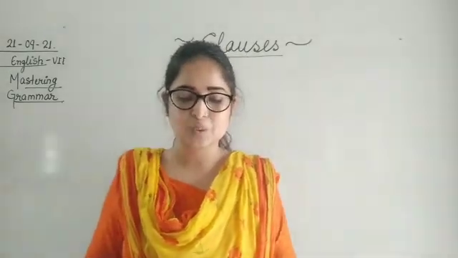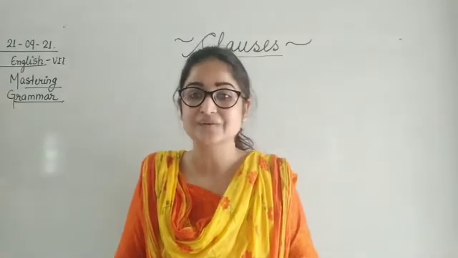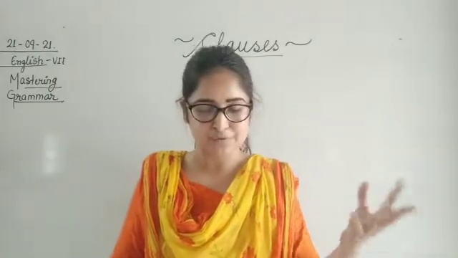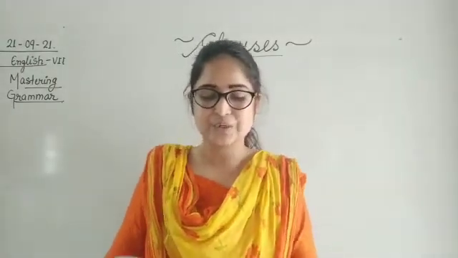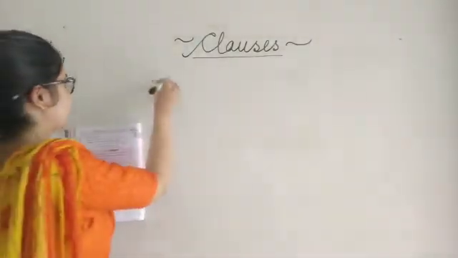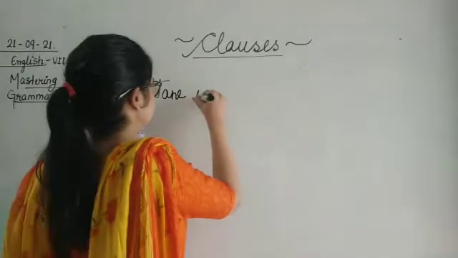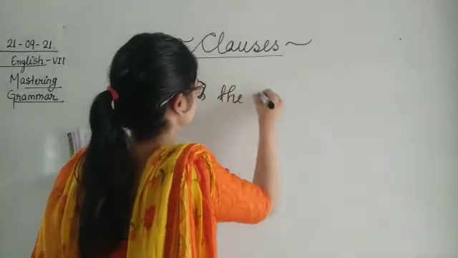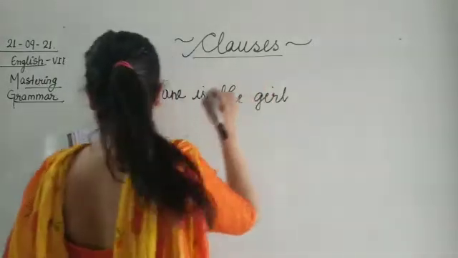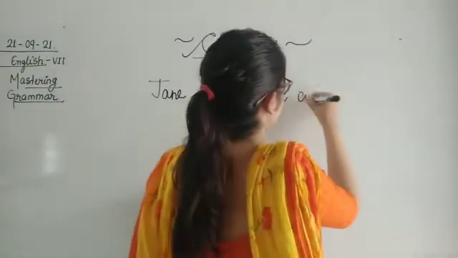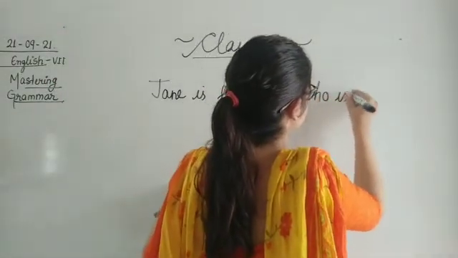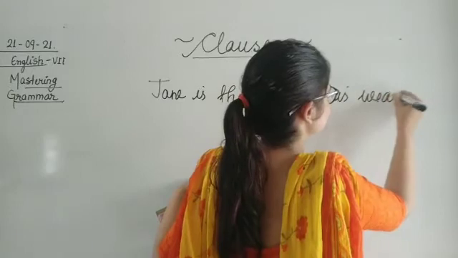Okay, so now let's move ahead to see what the positioning of the adjective clause is. So let us look at this example. We have Jane is the girl. Jane is the girl who is wearing a pink dress. So describing, children, right?